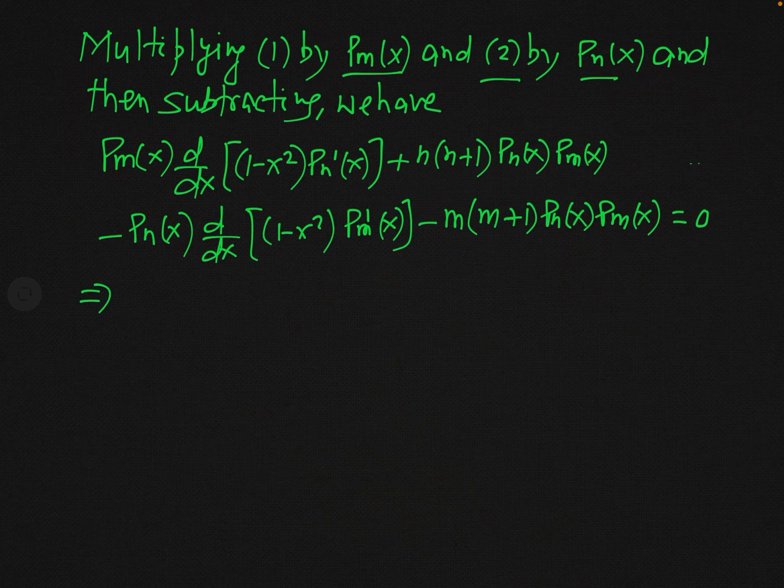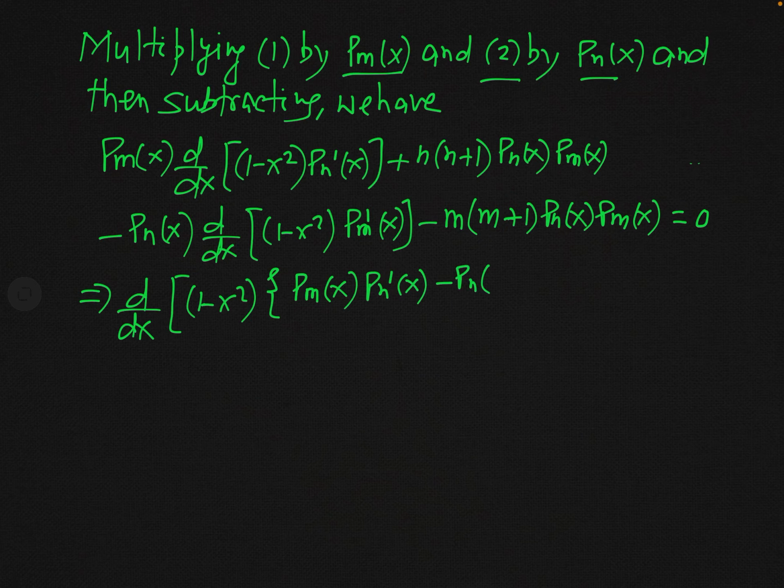This result may be written like this: d dx operated on 1 minus x square and Pm of x into Pn prime of x, minus Pn of x into Pm prime of x.